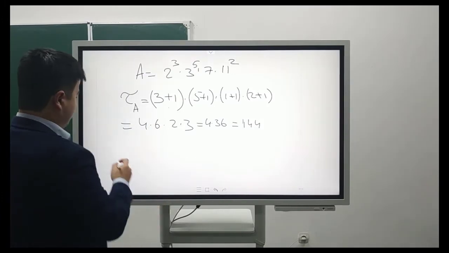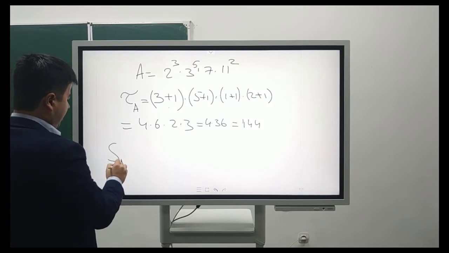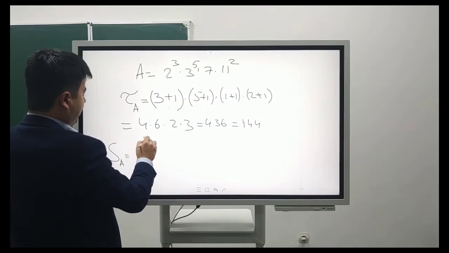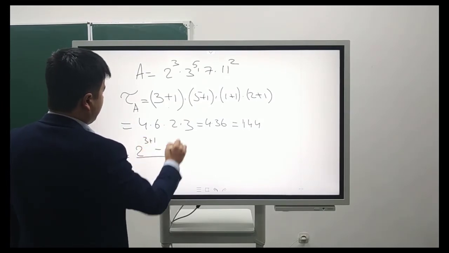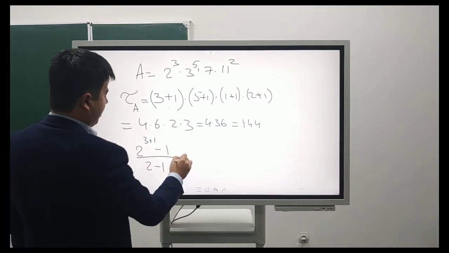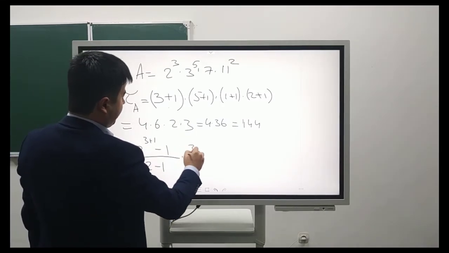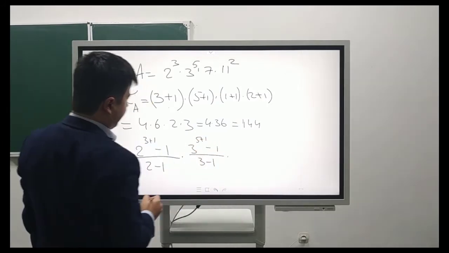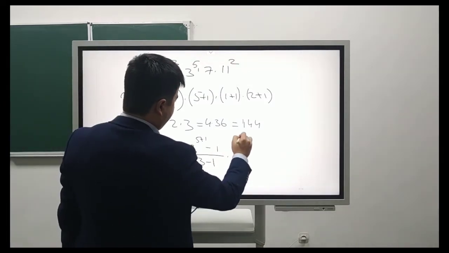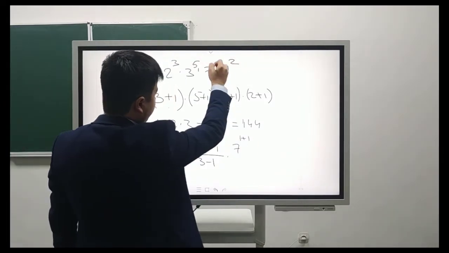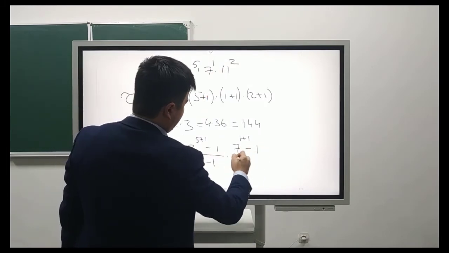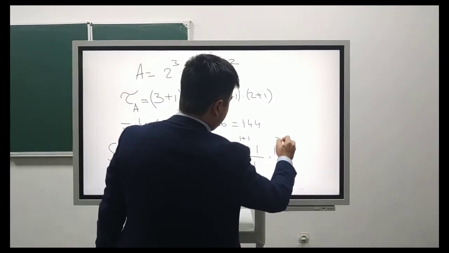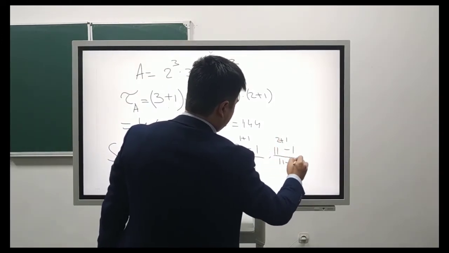Let's find S of A. It is 2 to the power 3 plus 1 minus 1 over 2 minus 1, times, next one, 3 to the power 5 plus 1 minus 1 over 3 minus 1, then 7 to the power 1 plus 1, because it's first power here, minus 1 over 7 minus 1. And the last one is 11 to the power 2 plus 1 minus 1 over 11 minus 1.